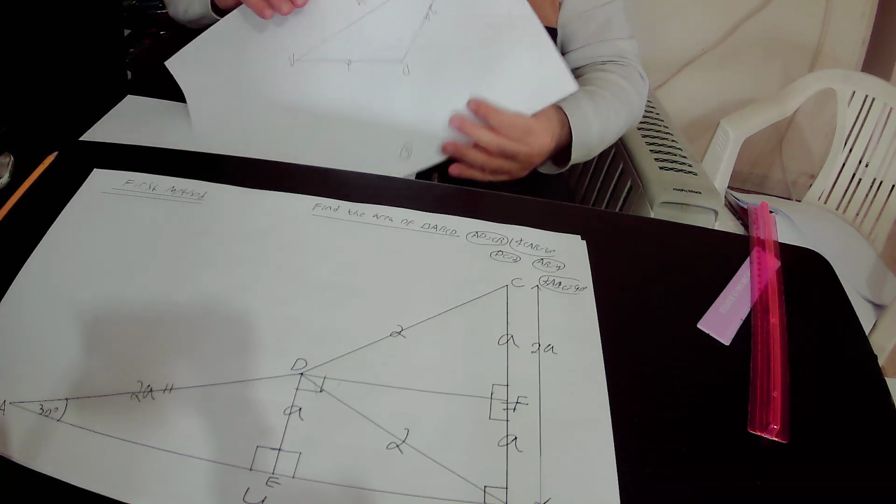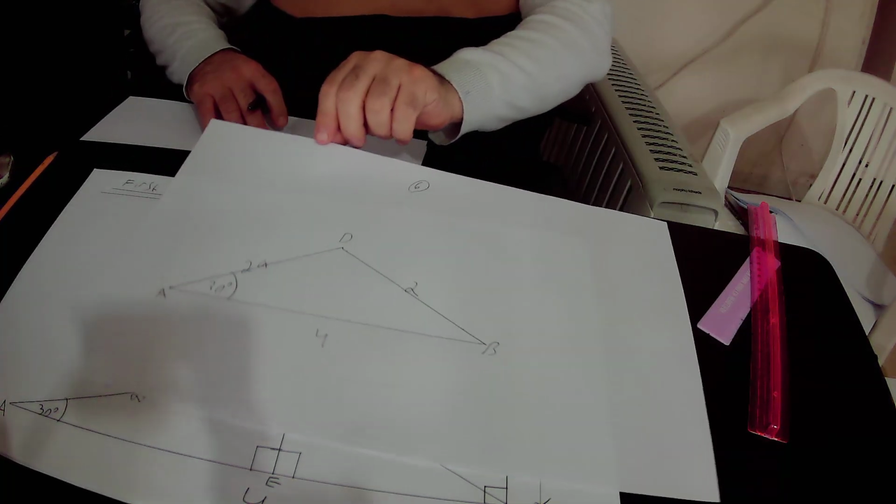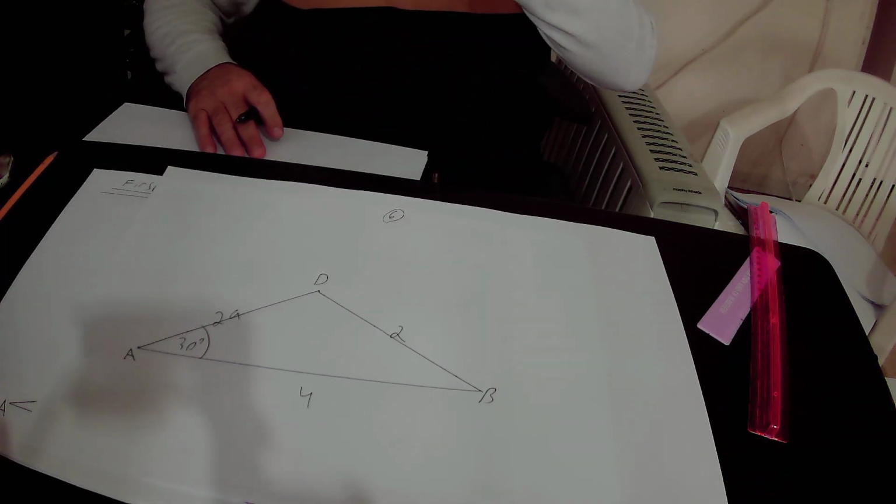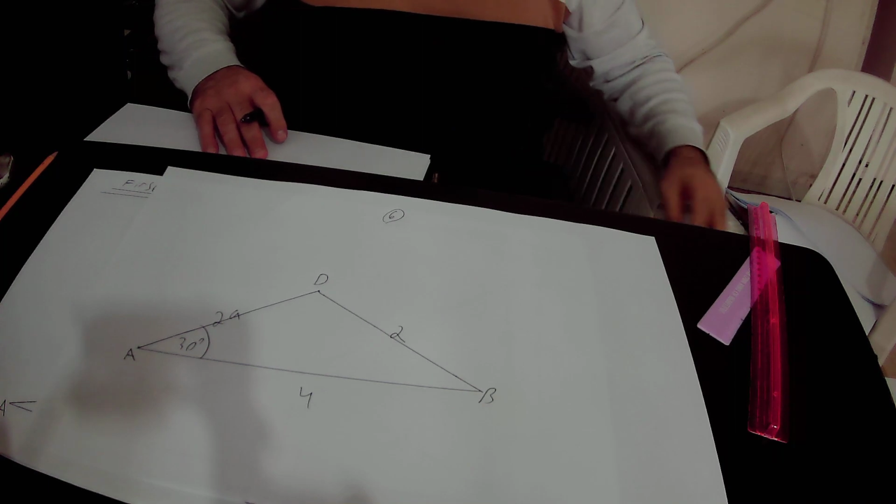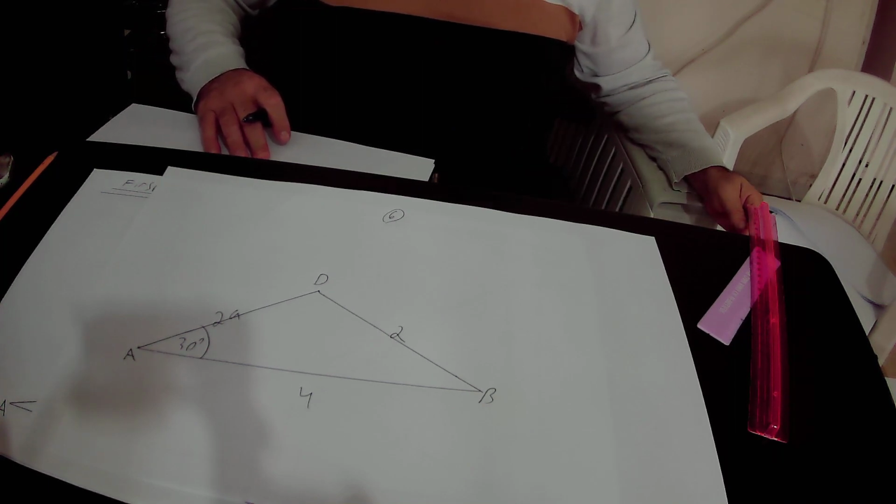So this is triangle ADB, and we will implement the law of cosines on triangle ADB.